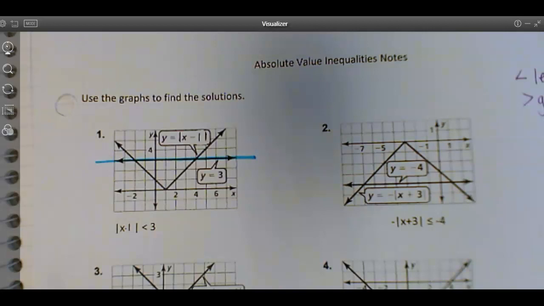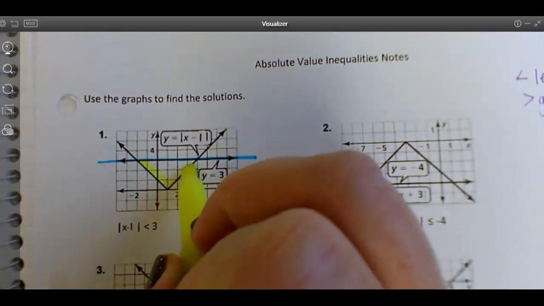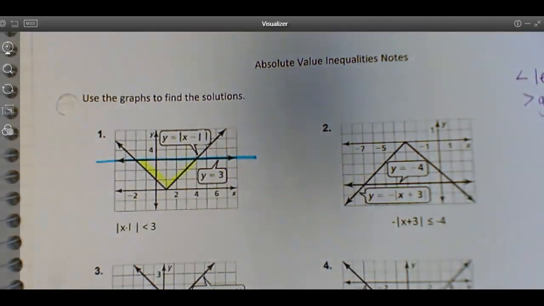Well, the absolute value is the V thing. And so I want that V thing to be less than the 3, or less than the blue. Which means when I'm talking about less or greater in this case, I'm thinking about above and below whatever it is that we're looking at. Okay? So this is the less part. That yellow is the less.